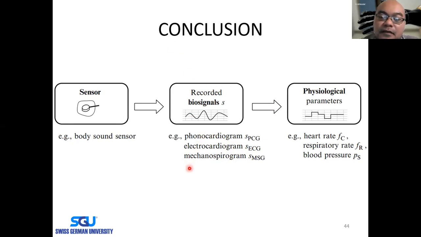We have mechanospirogram, which is from the mouth. Mechanorespirogram is from the chest and the abdomen, and we have many others. Mechanocardiogram measures the vibration of the skin due to the heartbeat. Ballistocardiogram also measures the heartbeat activity, from the impact caused by the heart on the body.